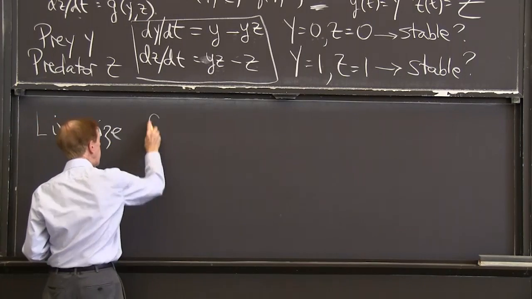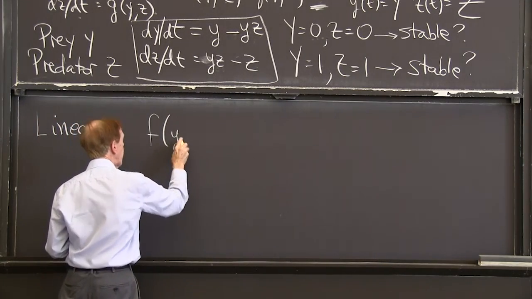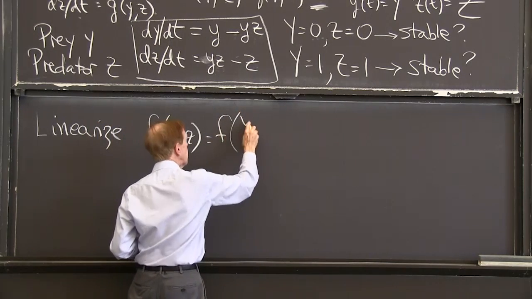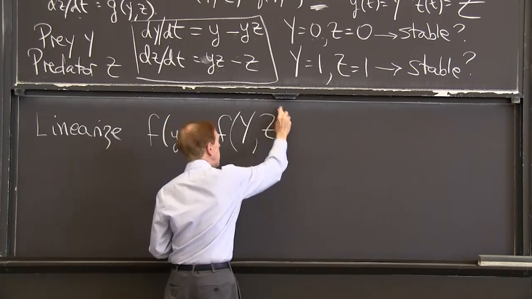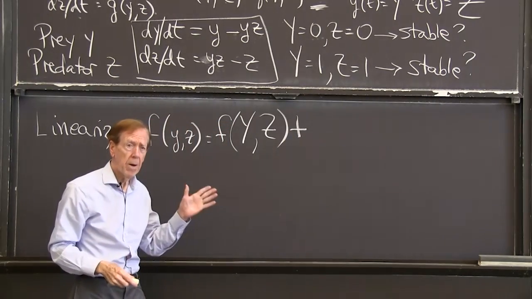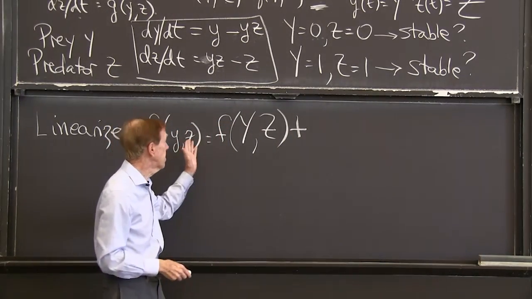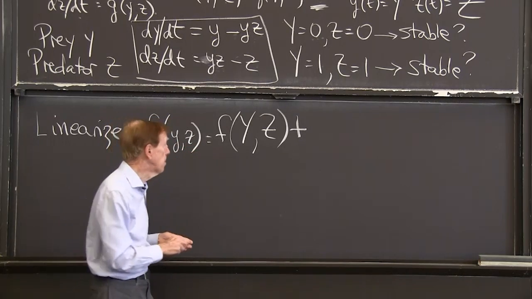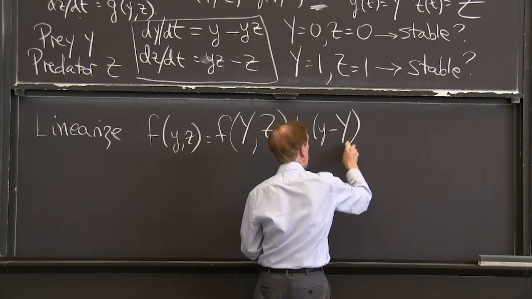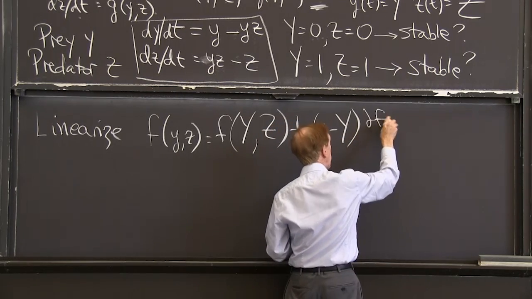So I'm linearizing, so my first function is whatever its value is at this point. It's like a tangent line, but now I've got two derivatives because the function depends on two variables. So I have a y minus capital Y times a partial derivative.